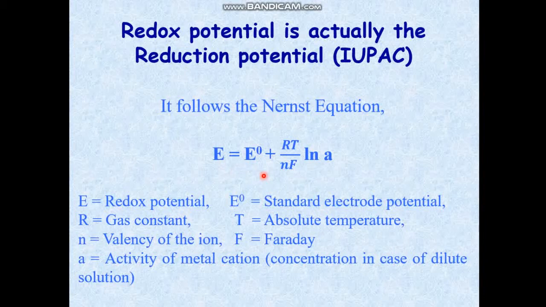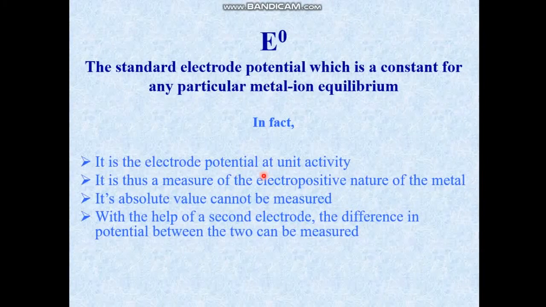Now in your chemistry books you will find some contradictory things regarding the sign convention of writing redox potential. As for example, let us take E0, which is the standard electrode potential. Let us know about E0 first. This is the electrode potential at unit activity, and it measures the electropositive nature of the metal.